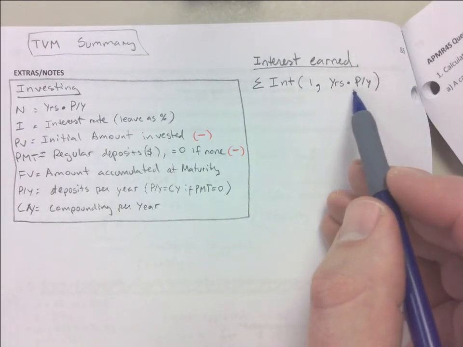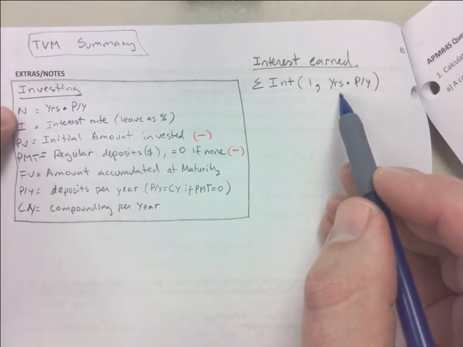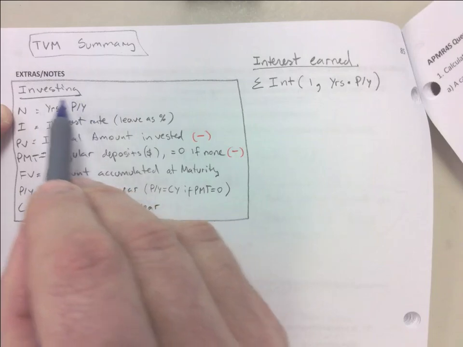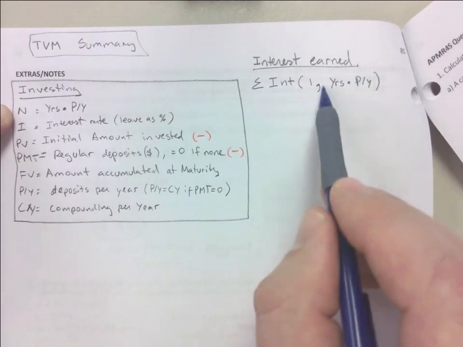If you want the total interest, you got to make sure that n is not a decimal, okay? Because usually if you want the total interest, we just enter whatever is in here in our n. When you solve for it, you enter that here.